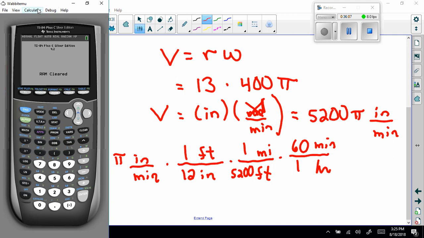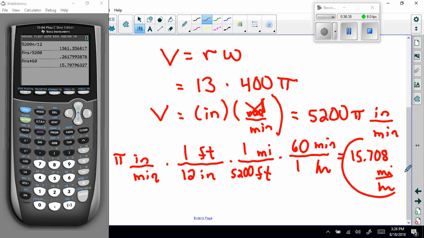So 5200 pi divided by 12, enter, divided by 5280, enter, times 60, enter. Oh, 15.708 miles per hour.